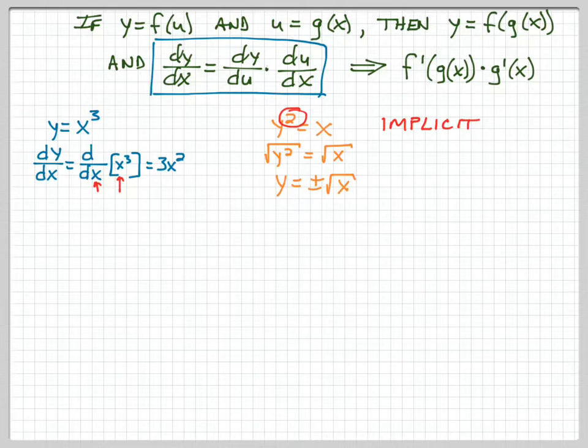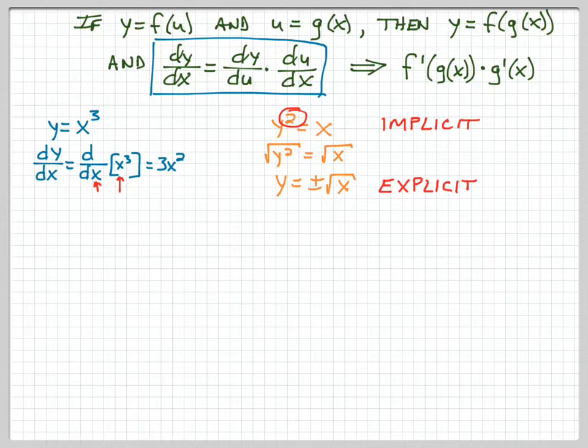What that's saying, it's implying that we could find what y is by taking the square root of x, but it doesn't explicitly state what our function is. This bottom line is the explicit notation of this equation. The top is the implicit.